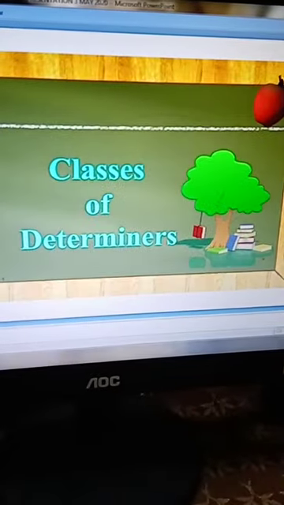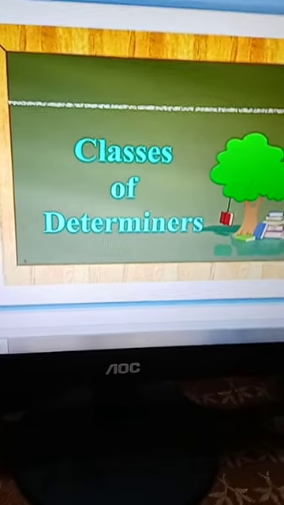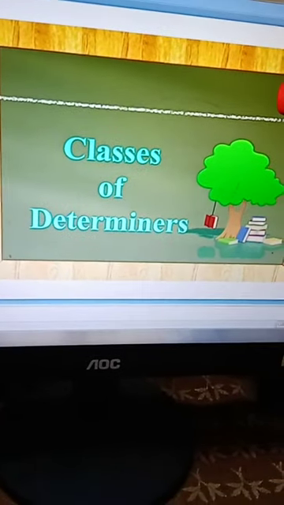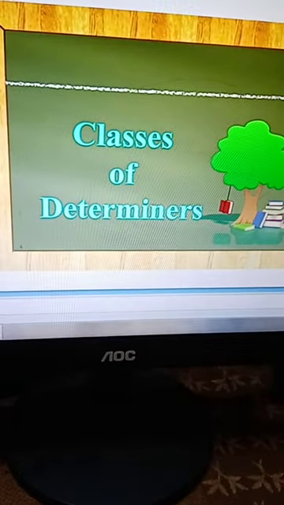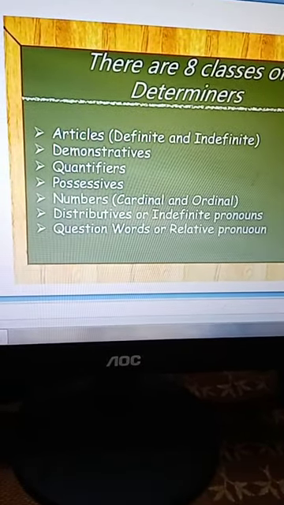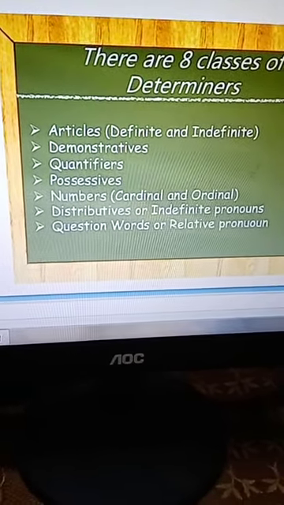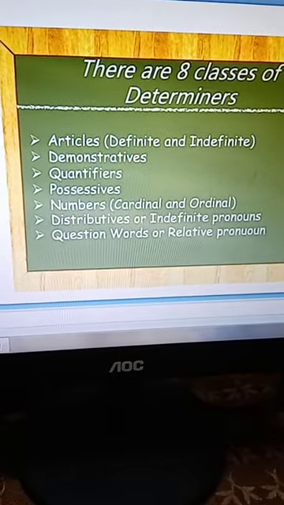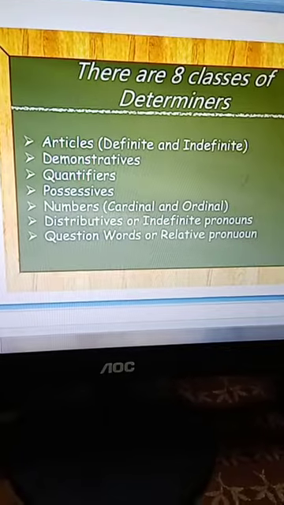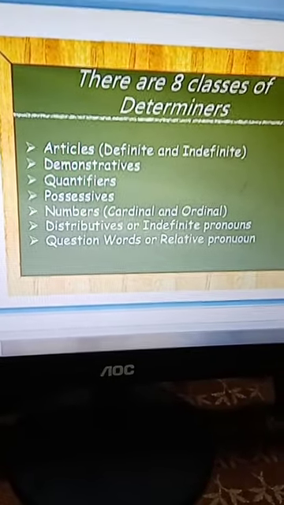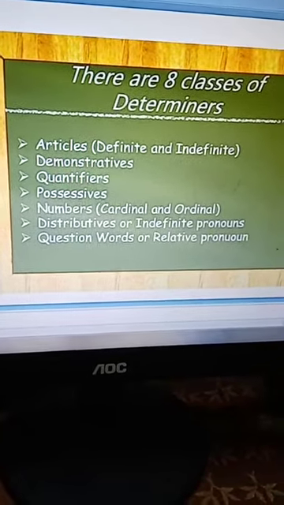Now you should know the classes of determiners. Determiners are classified in 7 different groups. By mistake it is written 8 here, but it is 7 different groups.